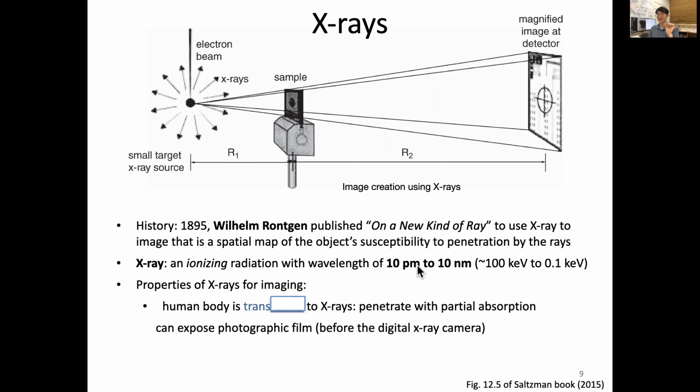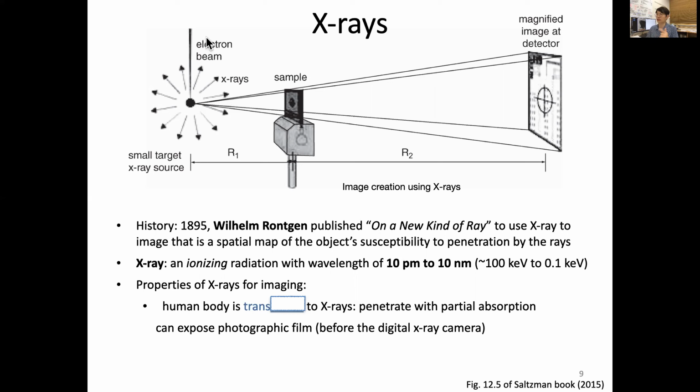So this is a pretty short wavelength, meaning that the energy is high, almost about 100 kilo electron volt to about 0.1 kilo electron volt. So it can hit the target and actually ionize, which means it can eject the valence electron out of an atom. However, this can be used medically.